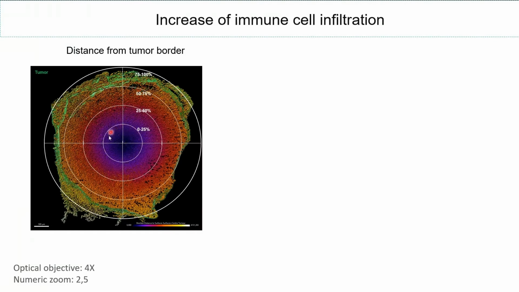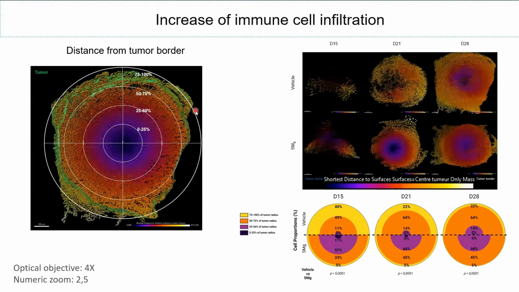In violet, you have the immune cells located inside the tumors, and in yellow and white, the immune cells located at the periphery of the tumor. So by using this hierarchical clustering, we could quantify the repartition and the distribution of the immune cells inside the tumors related to the border of the tumors.